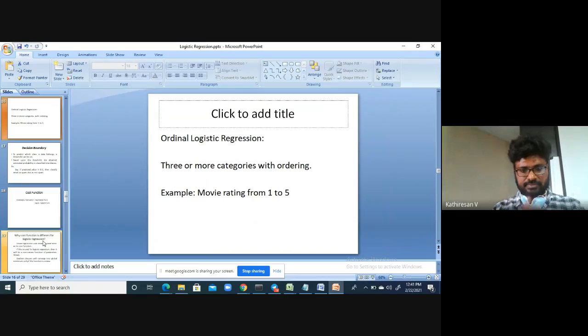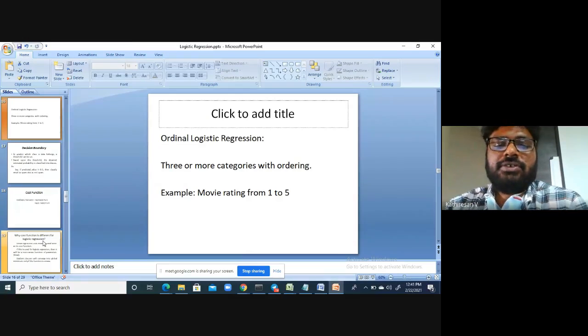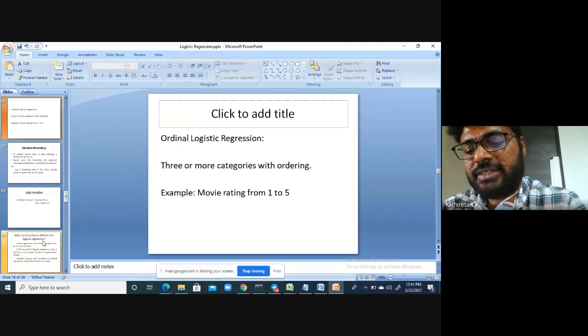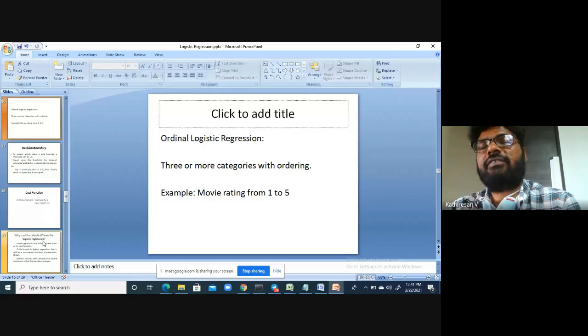So another regression type is ordinal logistic regression: three or more categories with ordering. Example, movie rating, where the categories are between 1 to 5.